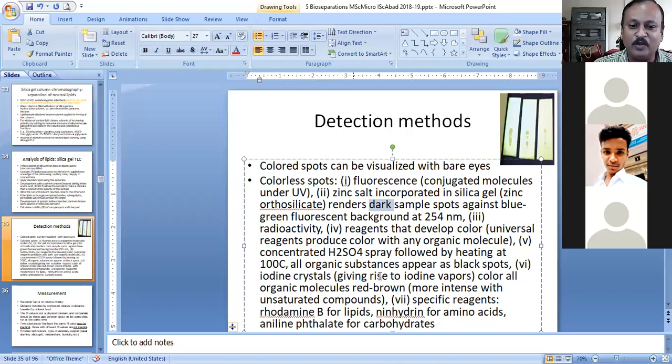We get red to reddish brown colored spots. Okay, and when the spots are visible, once again we have to mark the spots with a scraper, okay, or a needle, so that because after some time the color will vanish, okay, and then you will not be able to do the calculation part. Okay, so again you have to mark your sample spots with a scraper.